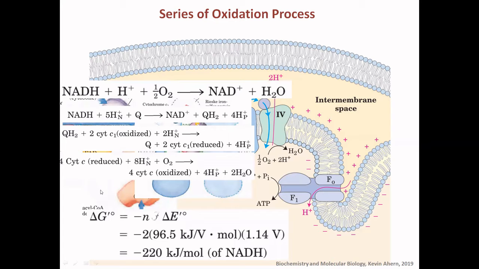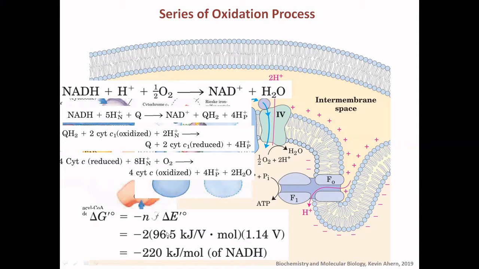So whatever energy is present on this electron, it is expressed as nF delta E. So this F is the Faraday constant, and delta E is the difference in the potential energy, meaning the reduction potential of both. So it is the transfer of the two electrons.